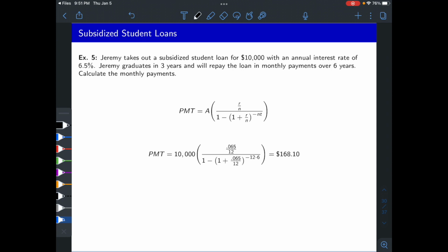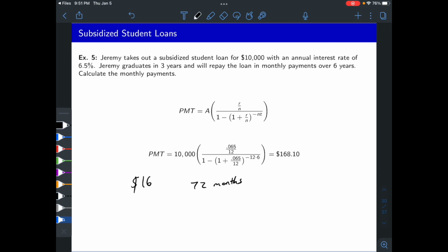By the way, if you're ever not super confident in your answer, it's good to do a reality check with this. What's a good way to just make sure that this is making sense? If he's paying this back over 6 years, he's paying for 72 months. 6 years times 12 months is 72 months total.